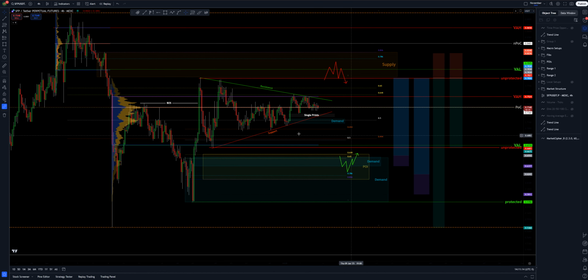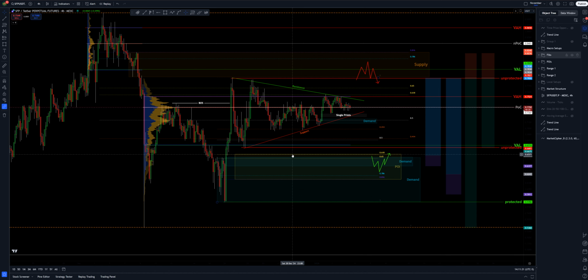Now, we have touched the 0.5, so market makers could take it up. But we also have a lot of confluence for the 618 level. The 786 is noted, but it's not major. And as you can see here, we have a setup on this. Now, the main setup on the larger fractal is going to be this level right here.